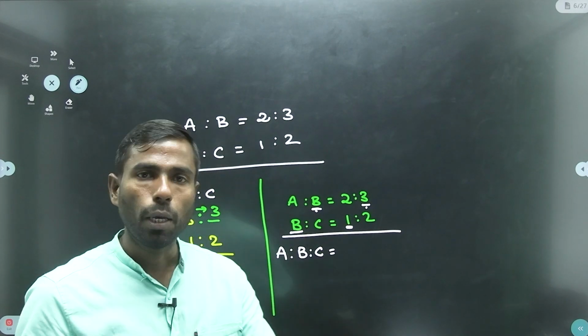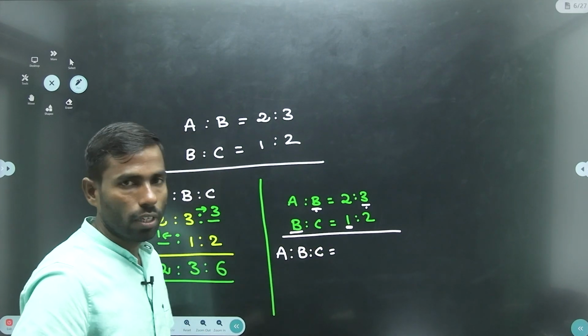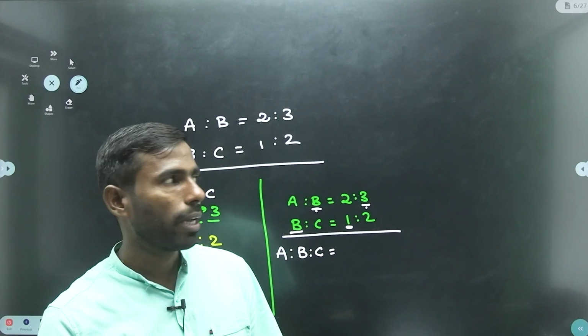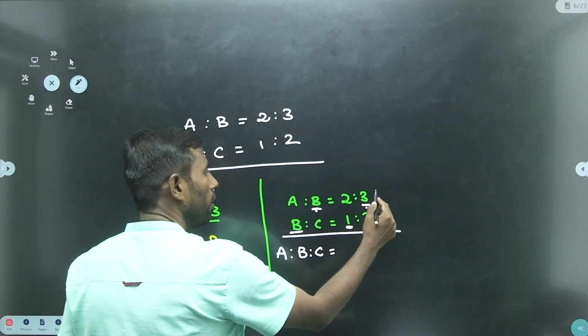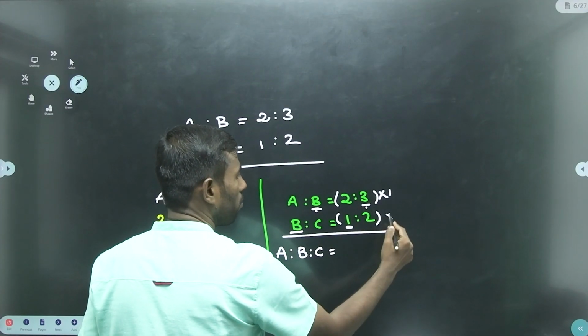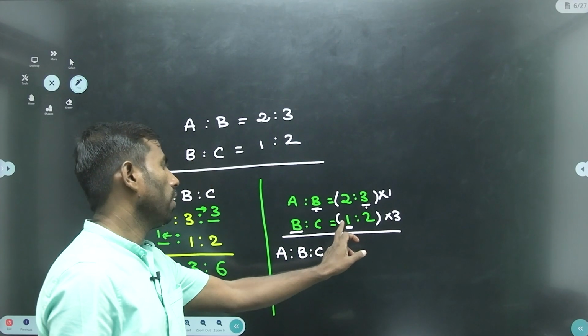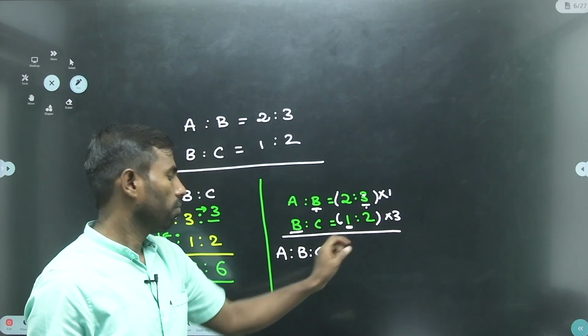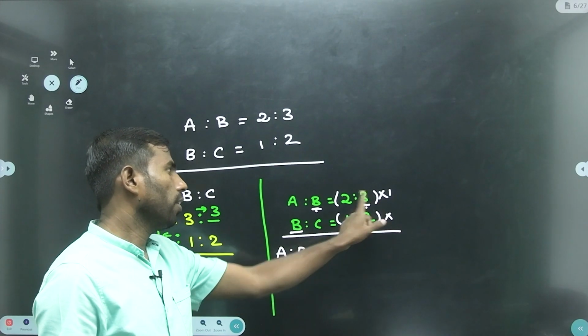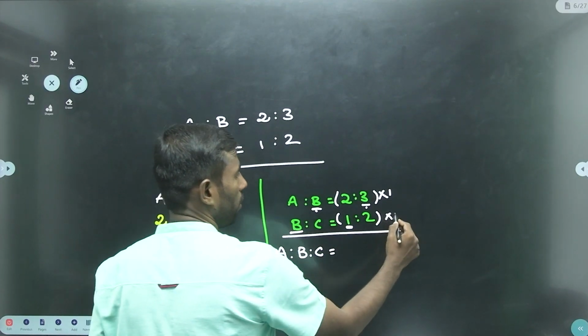Now we have to make B equal. How can you make it equal? Multiply the first ratio by 1 and the second ratio by 3.